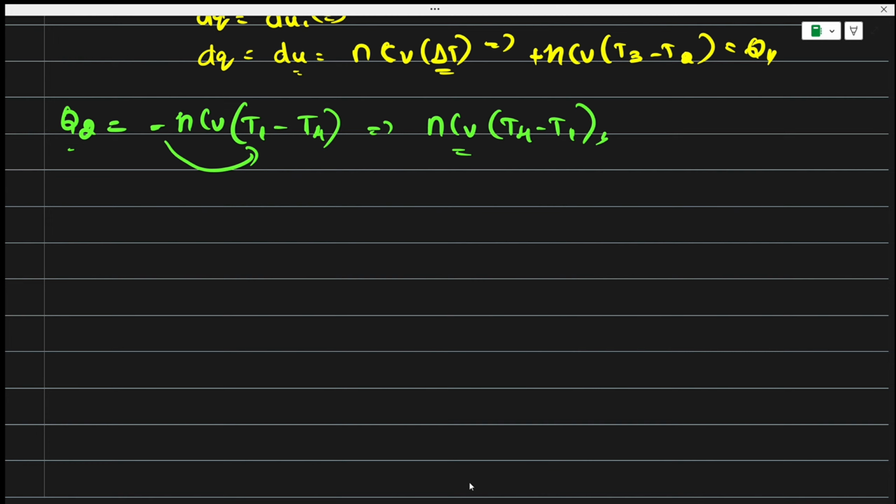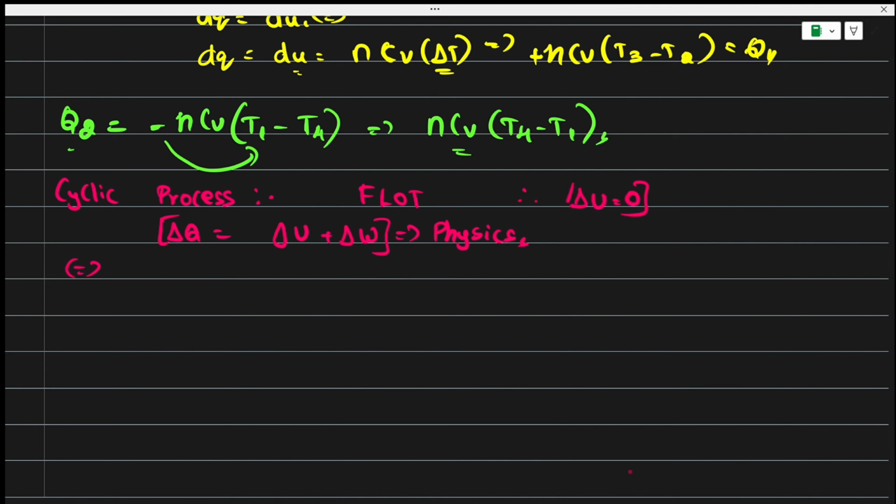Then let's take the entire cyclic process and apply the first law of thermodynamics. Delta Q is equal to delta U plus delta W, and this is the formula for physics. For chemistry we have a different formula, so this is the formula that should be used when solving physics problems. We all know that delta U is always 0 for a cyclic process, so let's get rid of this term.